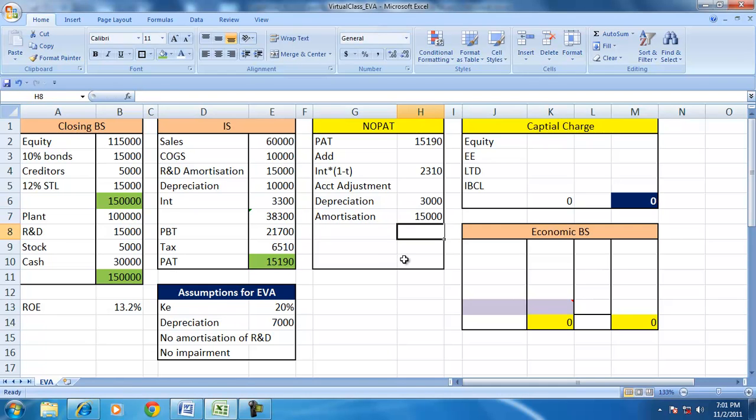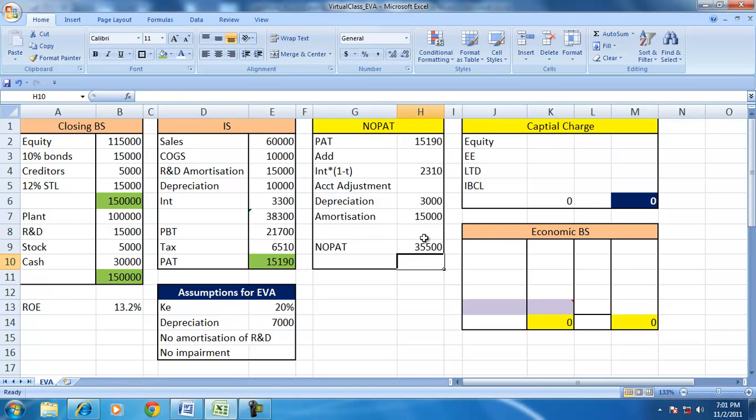As a result, the NOPAT, the net operating profit after tax, is 15,190 plus 2,310 plus 3,000 plus 15,000.